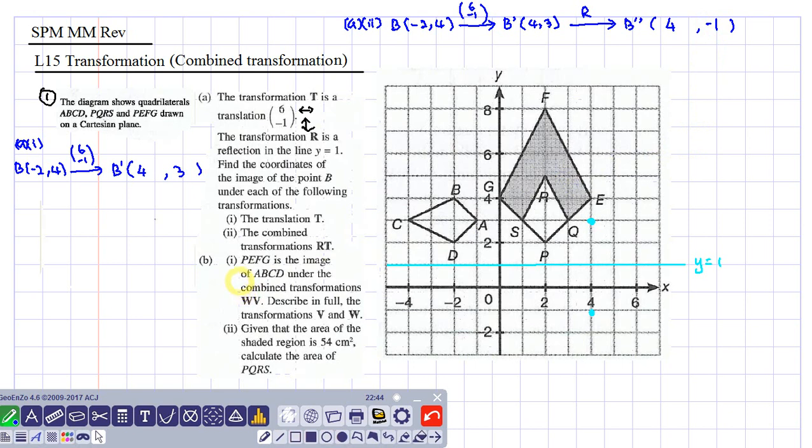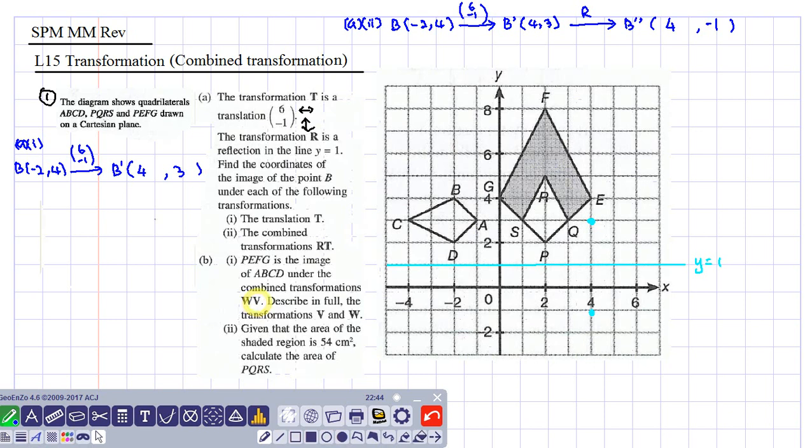So now we go to part B1. PEFG is the image of ABCD under the combined transformation WV. It means that after two transformations, this one becomes this. Describe in full the transformations V and W. Be careful here.